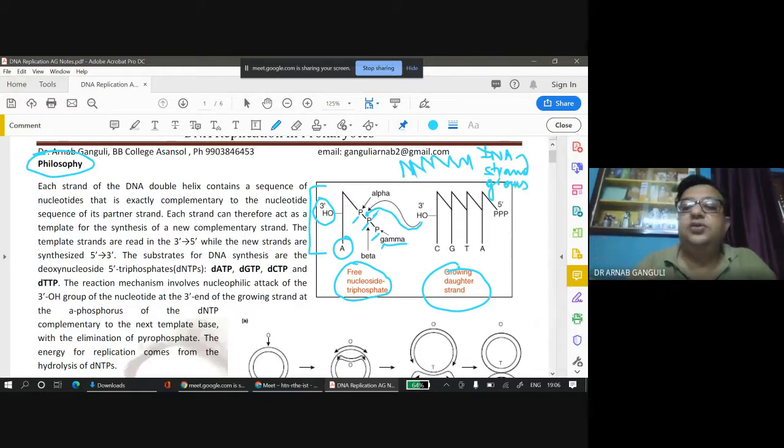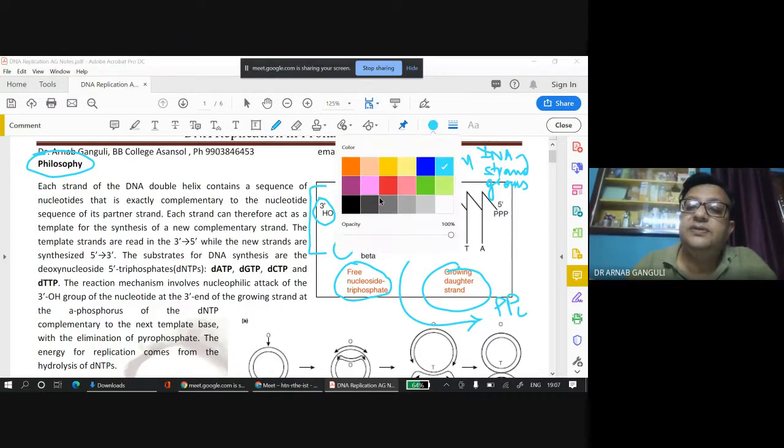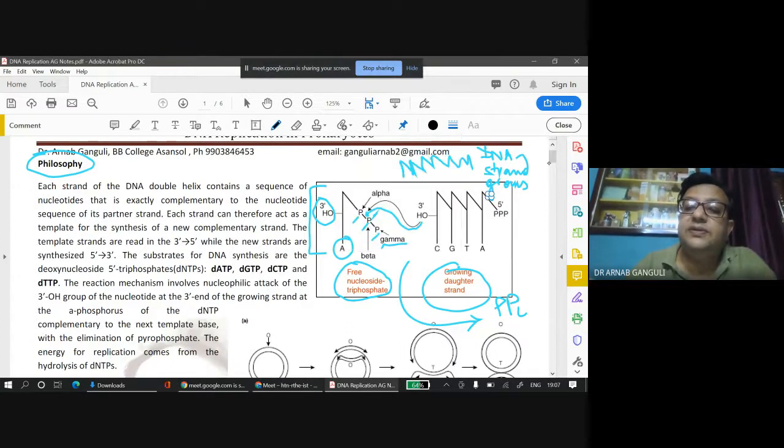DNA strand grows and what is released out is pyrophosphate, PPi. So this part is removed out and this gets attached here. So the DNA strand keeps on growing.